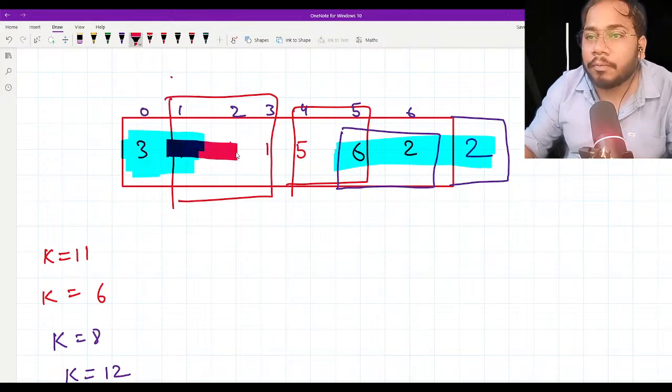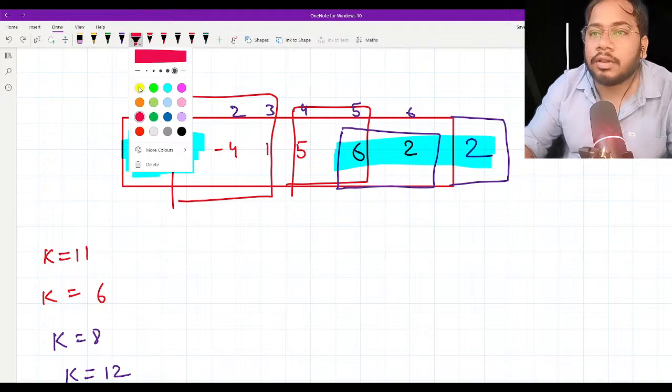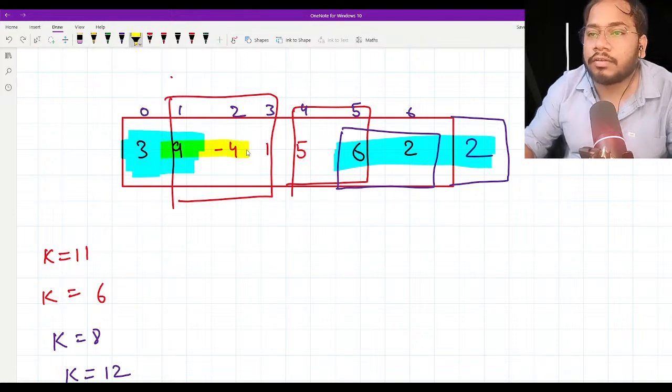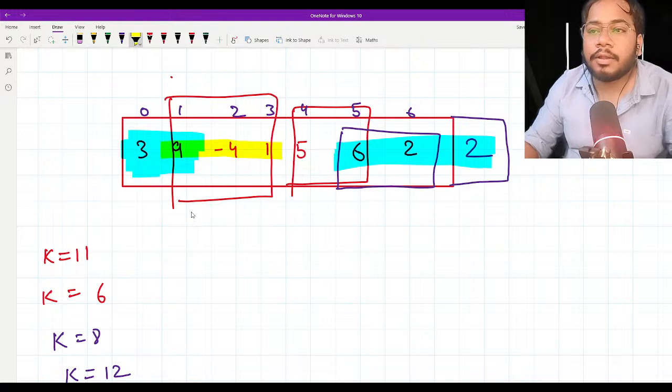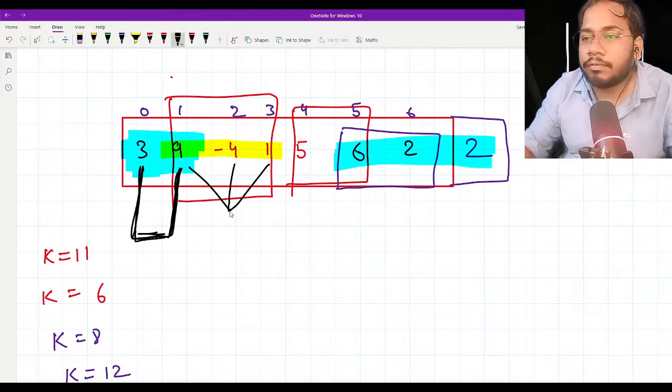Let me change the color. Let's make it yellow. And this is another subarray. See, for k is equal to 12, if we take 3 and 9, this will give 12, right? These 3 will also give 12.